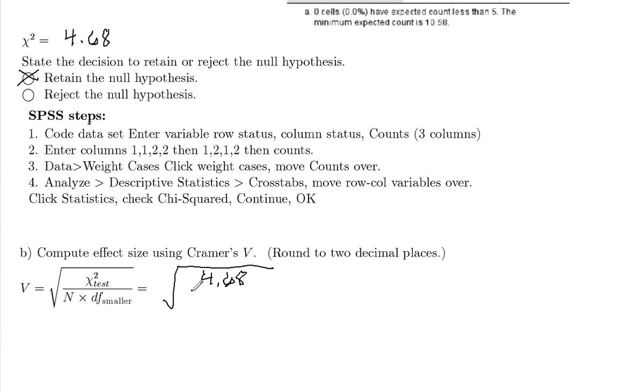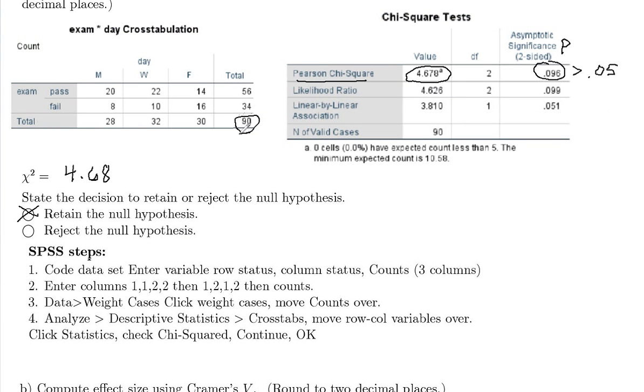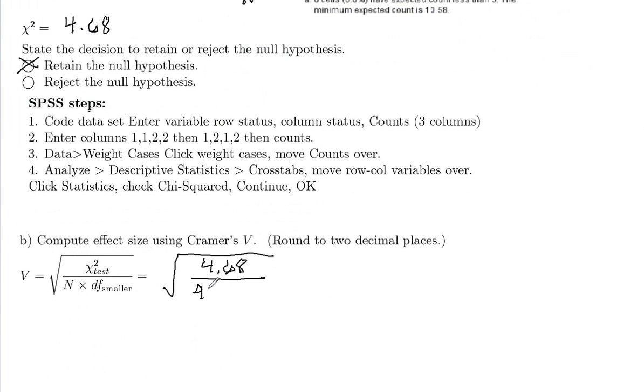Then underneath, we take the total sample size n, and that is the 90, the grand total in the table. We multiply that by the smaller degree of freedom. The degrees of freedom are column minus 1 and row minus 1. There were 2 columns and 3 rows, so 2 minus 1 and 3 minus 1, that's 1 and 2. Those are our degrees of freedom, and we pick the smaller of those, which is 1.